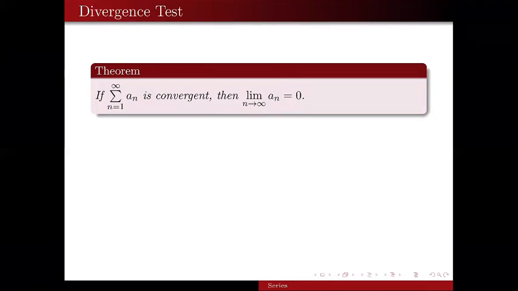Okay? So let us prove this. Proof. Let the sum of AN from 1 up to plus infinity be a convergent series with sum S. Consider the sequence of partial sums.